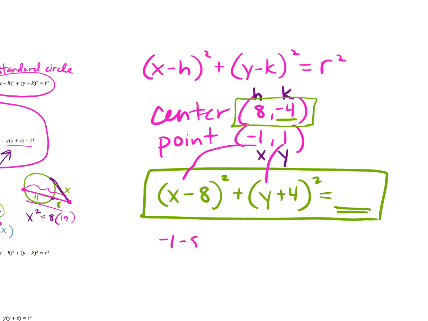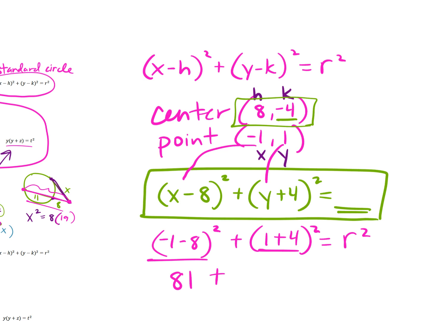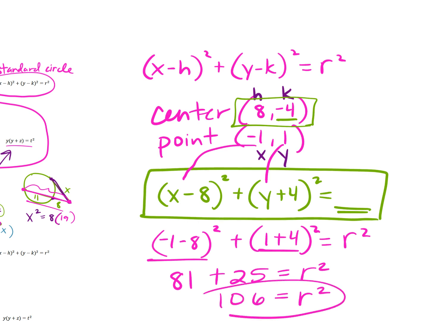So -1 minus 8 squared, 1 plus 4 squared equals the radius squared. So -9 squared, be careful here, that's not negative anymore. When you square a negative, it becomes positive, so that's 81. And then 5 squared is 25, so your r squared value is 106. And then don't square root that. Put that right here, and you're done.